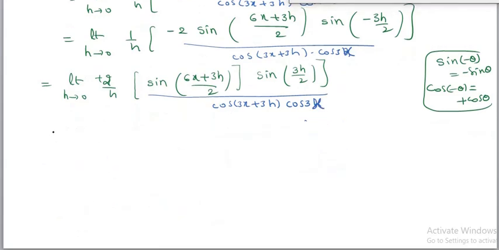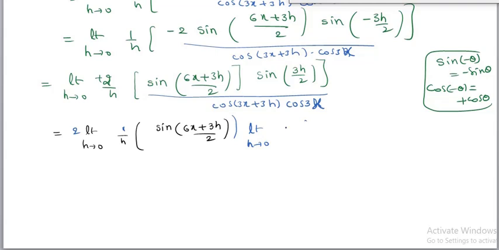So next, limit h tends to 0, 2 by h, sin((6x+3h)/2). So 2 is constant. Limit h tends to 0, sin(3h/2) by h.